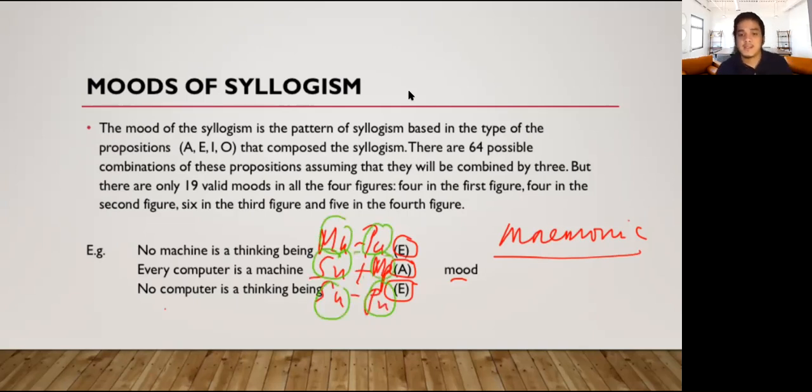So in this case, we have no fallacy committed, and it has a valid figure. But before we say they have a valid mood, let us first consult, in figure, what figure is this?